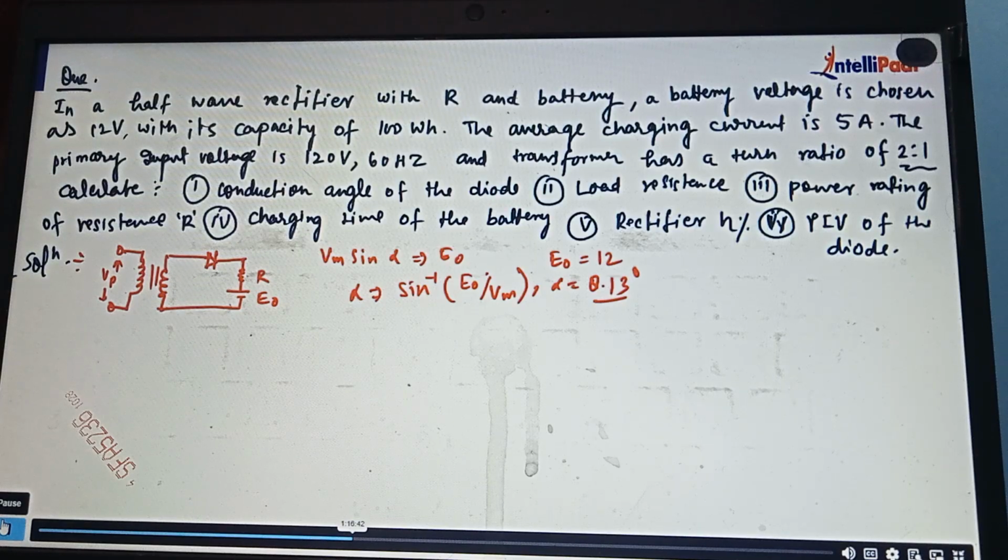Load resistance that you have calculated is 4.26. Yes. Next, power rating of resistance. Please mute yourself. Don't disturb others.